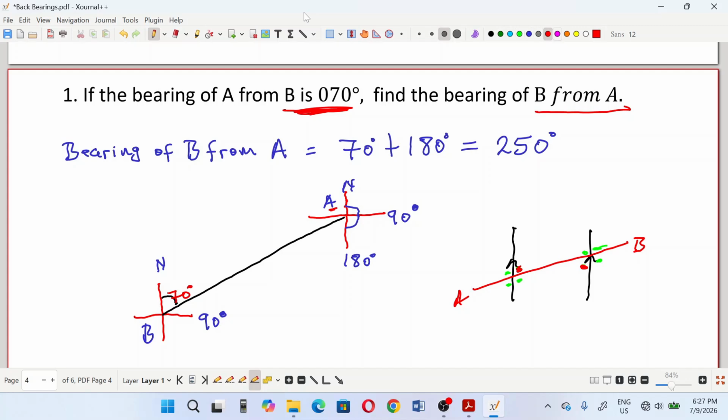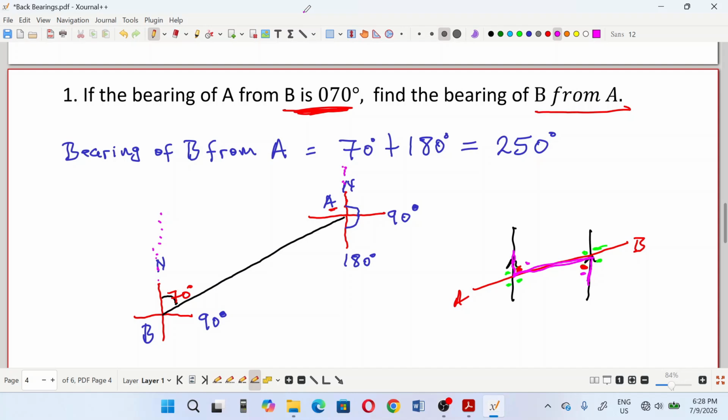So let me use a different color to indicate those angles. You realize that this angle, the Z angle, this and that we always say is the same. So when you bring that same idea here, let me continue up, and then we look at the line that is in black.